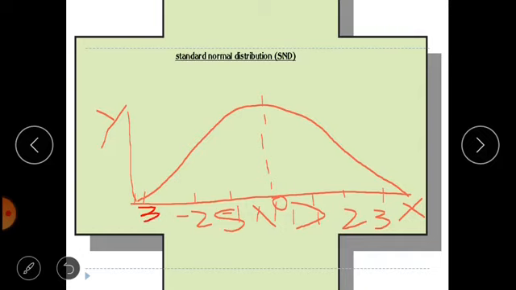So, this is your 0, papuntang y-axis or yung vertical line. So, this is your 0. And then, from 0.1 hanggang 0.5. Okay, so pakinggan nyo lang yung sinasabi ko, class. Okay, so this is your standard normal distribution. Meron na siyang value.